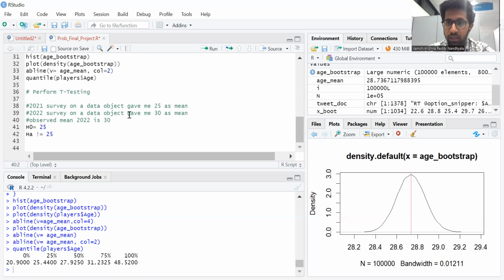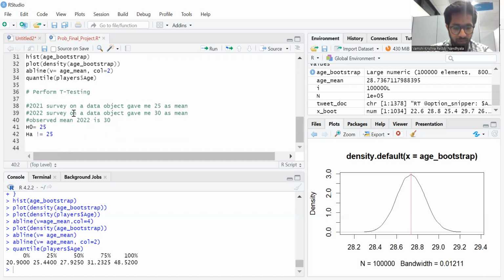It's not necessarily the only mean, but we come to a conclusion that our observed mean is at least not false. We can't determine at this point whether it is completely true or false, but to the most extent it is going to be the true mean. That's what hypothesis testing is.